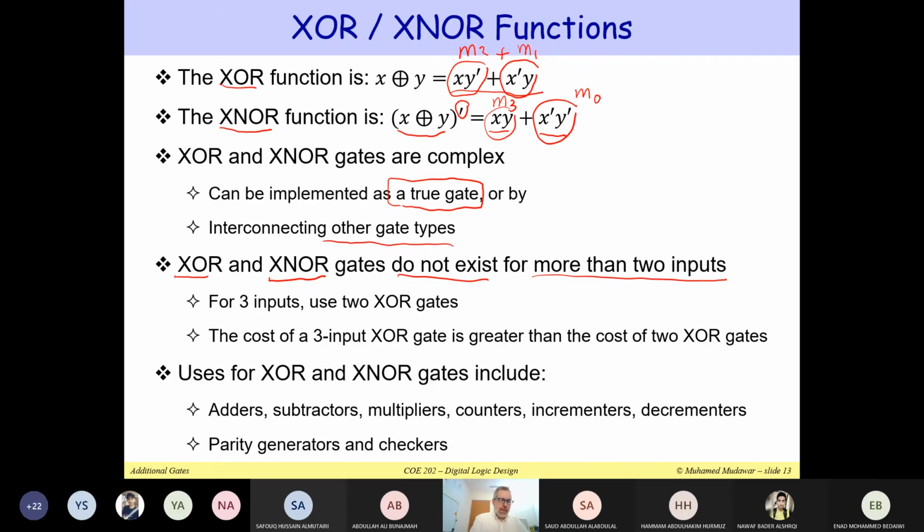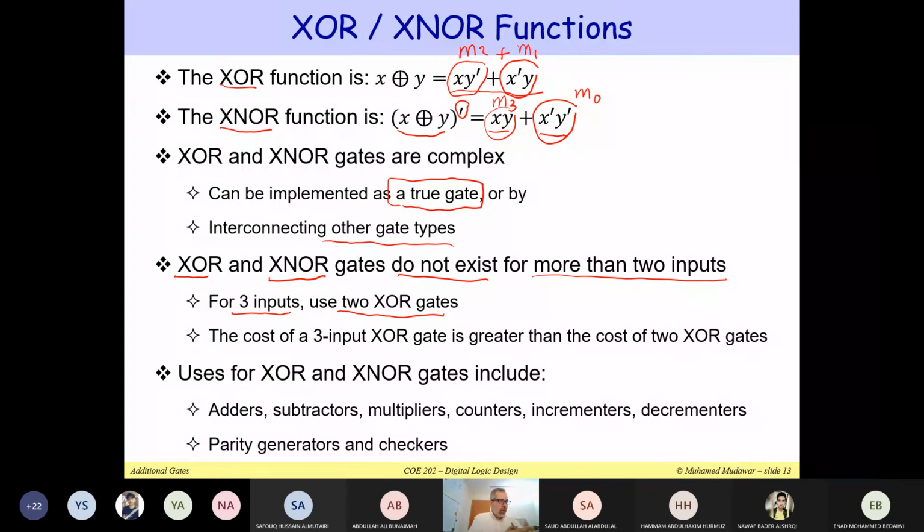If you would like to XOR 3 inputs, we use 2 input XOR gates. So if I would like to say X XOR Y XOR Z, so if I have here 3 inputs X, Y, Z, and I would like to XOR them, I need 2 input XOR gates.